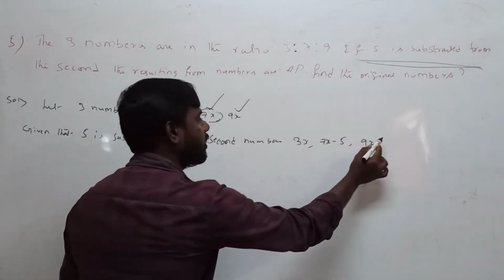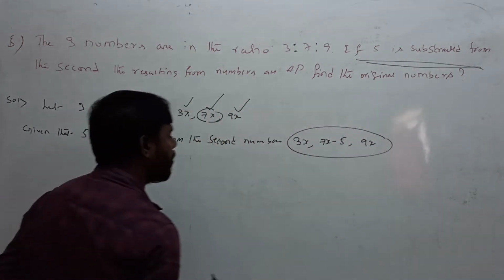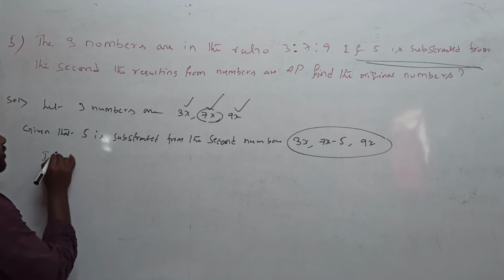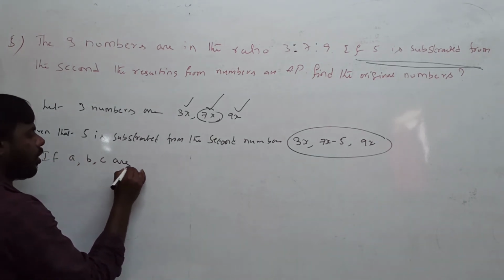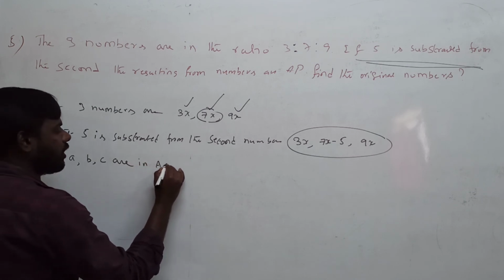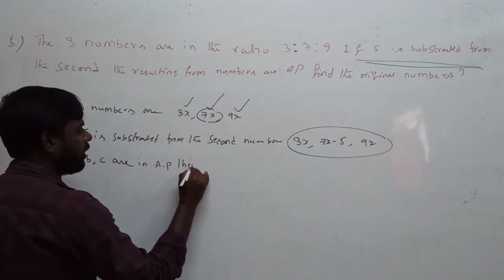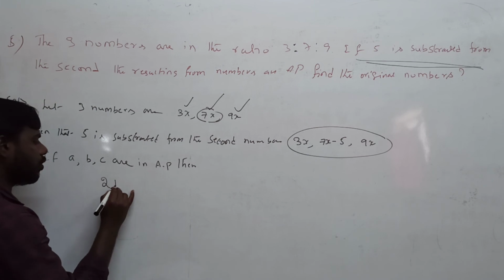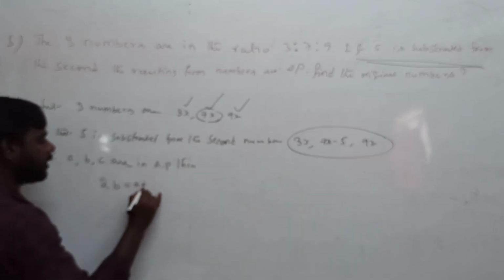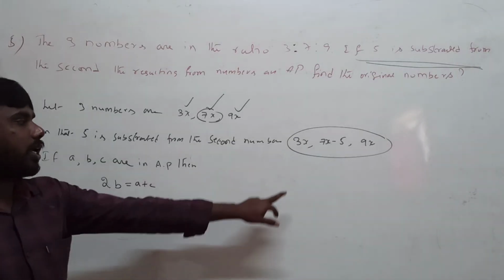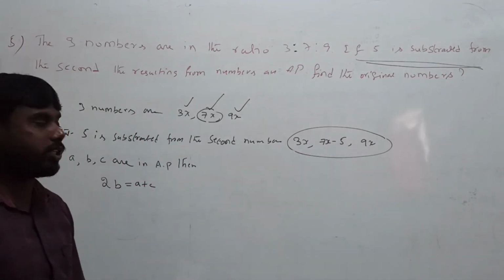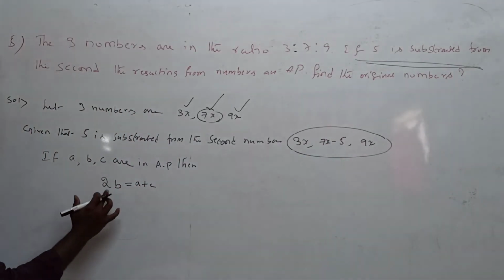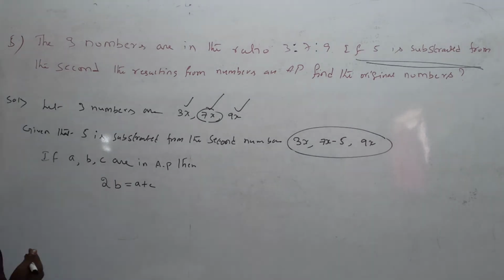Now in this form, a, b, c are in arithmetic progression, then the condition is 2b is equal to a plus c.